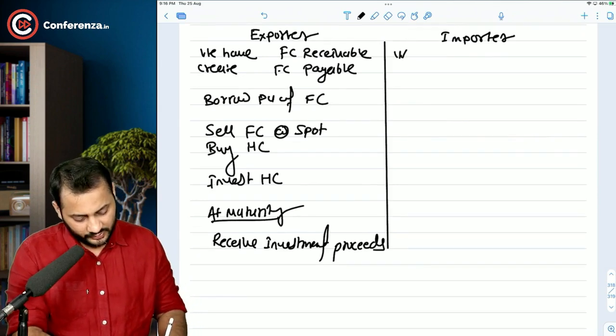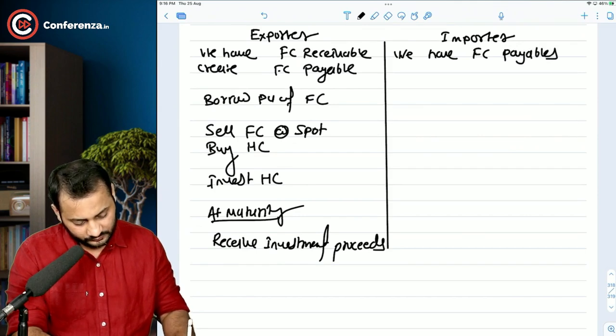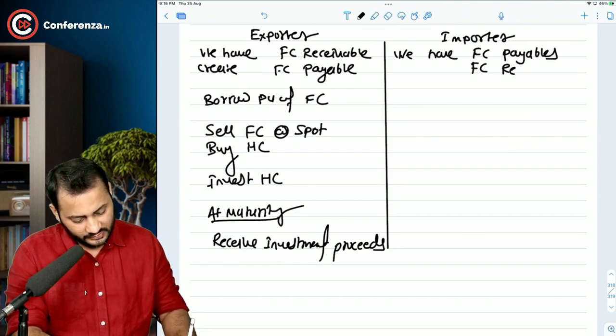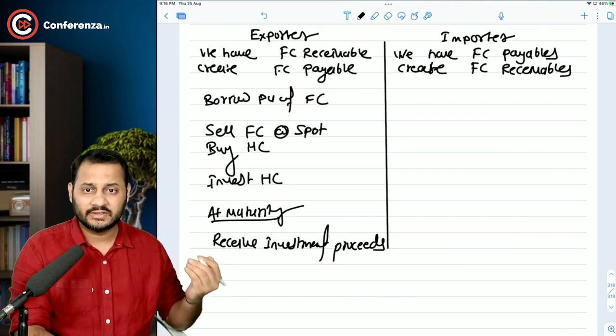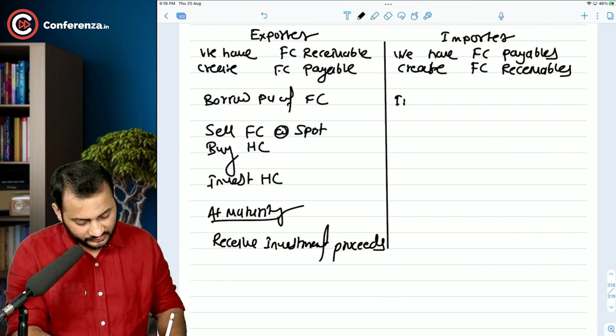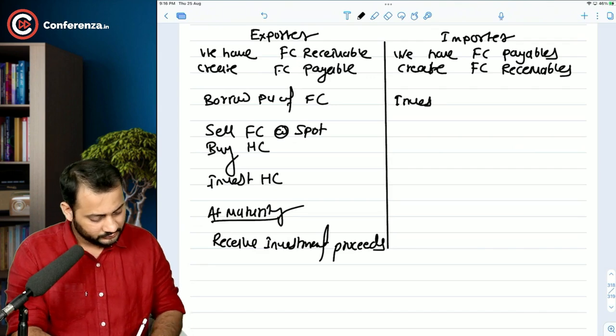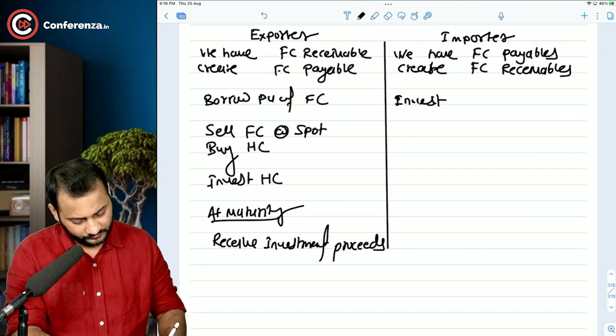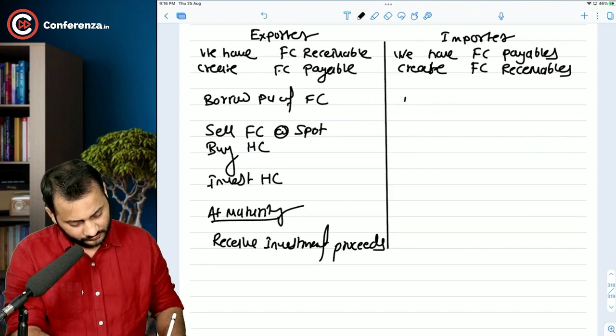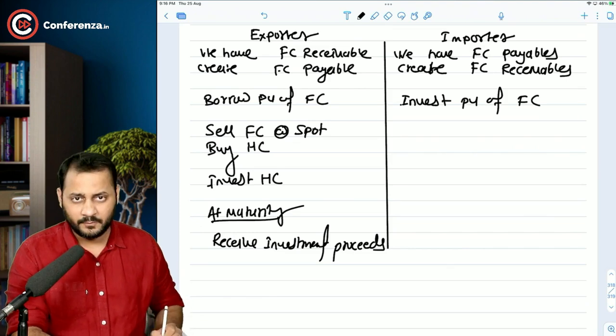Now, in case of importer, we have foreign currency payable, create foreign currency receivable. Exact opposite of that. In order to create foreign currency receivable, we will have to invest. How much? Invest the present value of foreign currency.